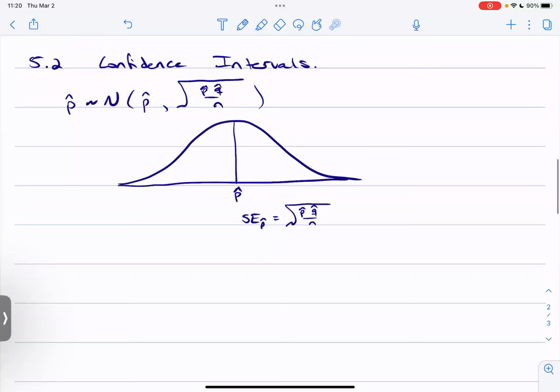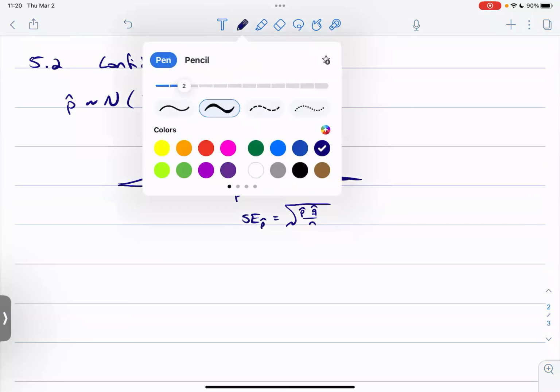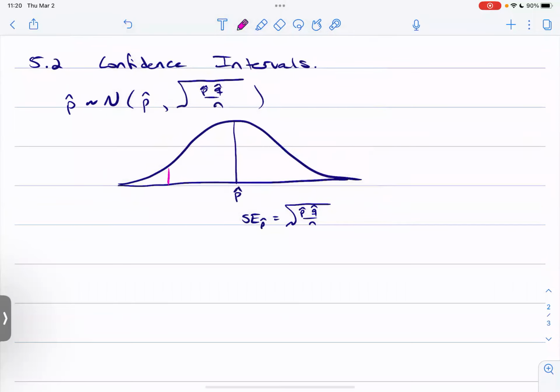So any p hat that I draw from a sample, if I randomly select a new sample, those p hats are going to follow this distribution. Okay, so what we want to do, I'm just going to accept it as fact, is build a 95% confidence interval.